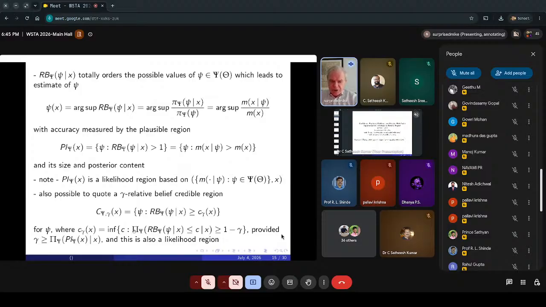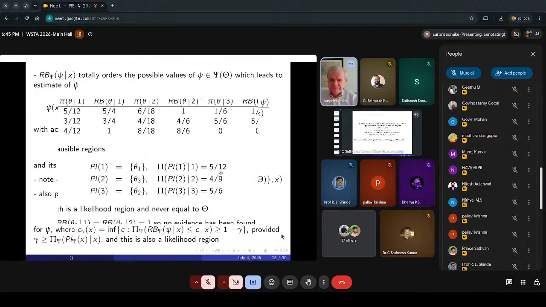So we must have that the posterior content, gamma, of this credible region is at least equal to the posterior content of the plausible region. Then the credible region sits inside the plausible region, and I know every value that I report has evidence in its favor. If I let the posterior content be bigger than the posterior content of the plausible region, then I'm going to be reporting some values that have evidence against them, which doesn't seem to make sense.